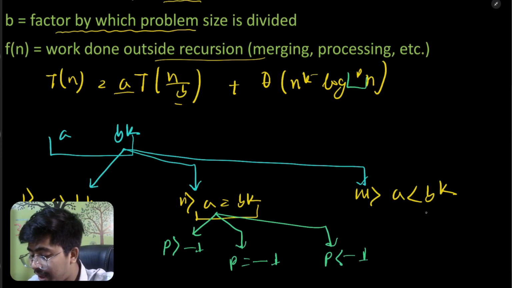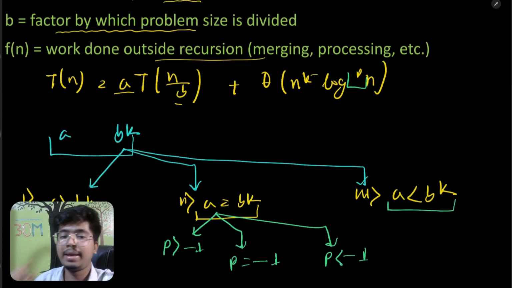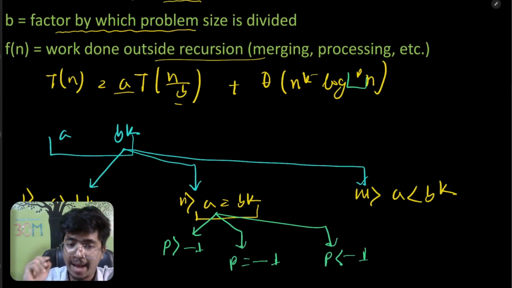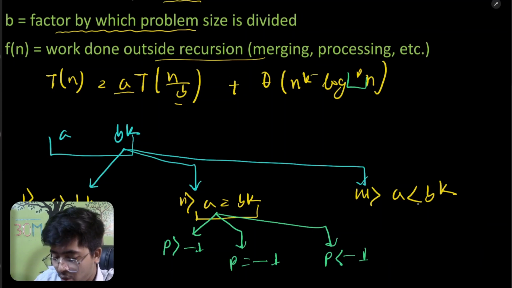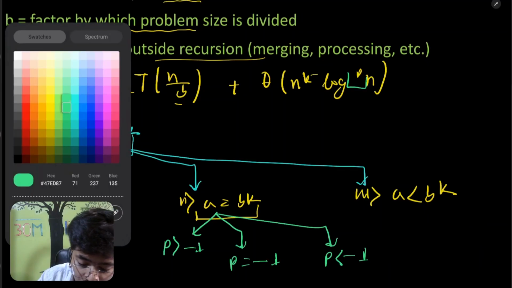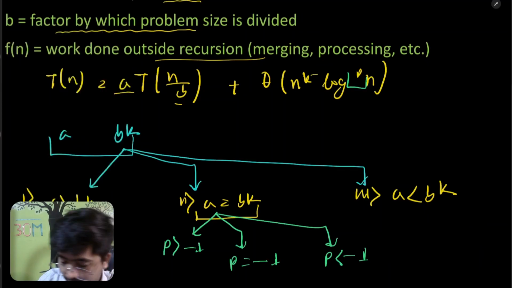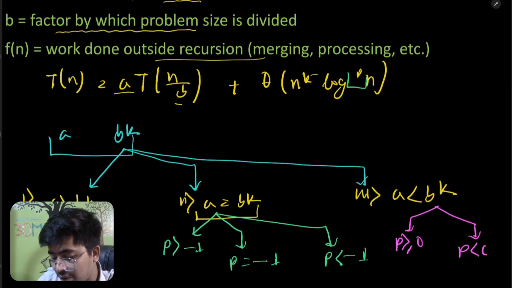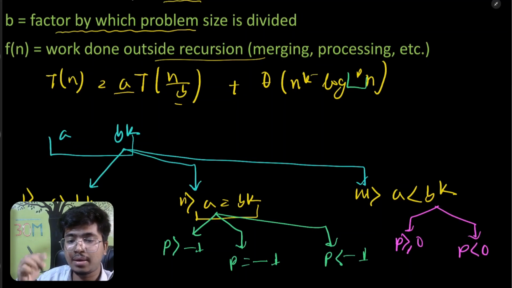Now notice the third condition. In the third case we also divide, comparing the value of p, but not with minus 1, with respect to 0. So here we check whether p is greater than or equal to 0, or p is less than 0. We will be checking all those conditions, and based upon those conditions we will have the formula.